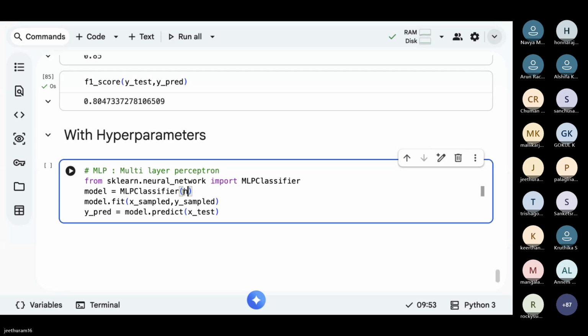Basically, you have to define hidden_layer_sizes.